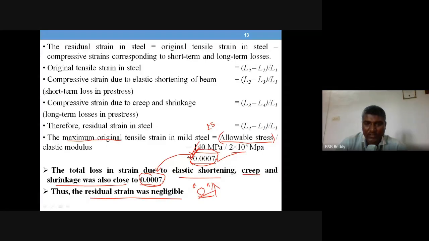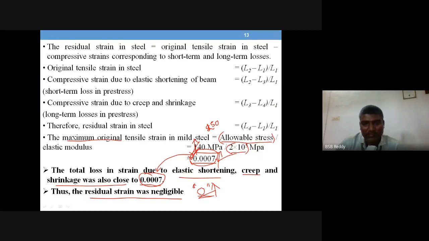Mild steel Fe 250 grade: 250 is the yield stress you have, and allowable is only 140. This is a fixed number. 2 into 10 power 5 is fixed. So unless you increase this value, you can't increase the residual strain.